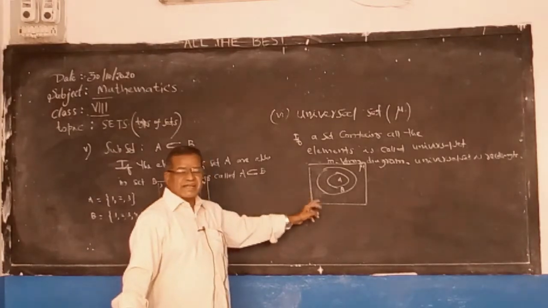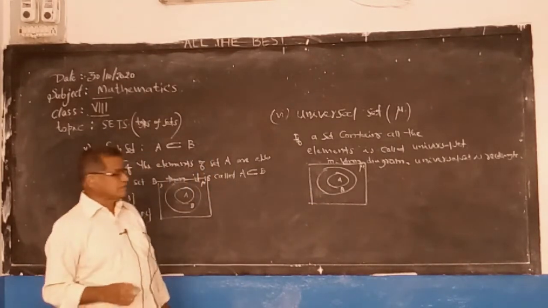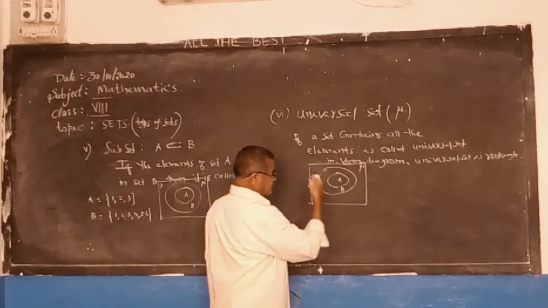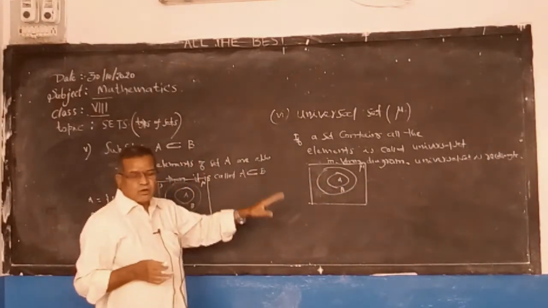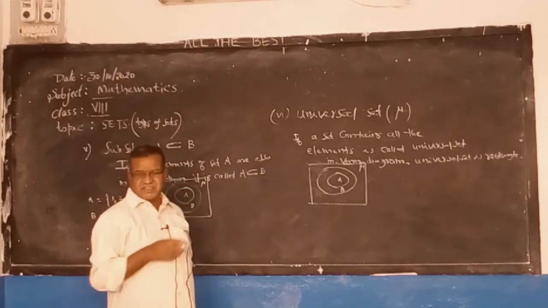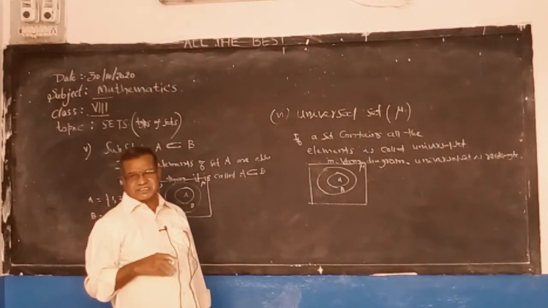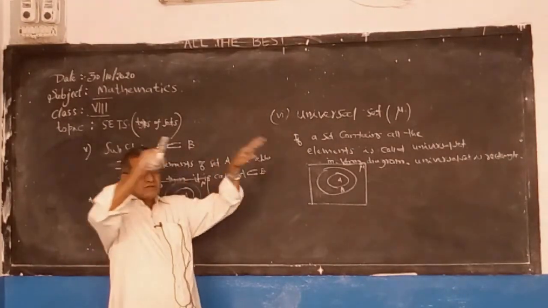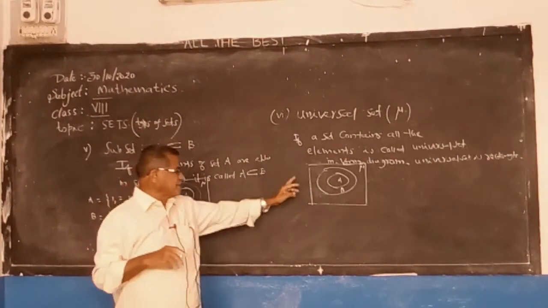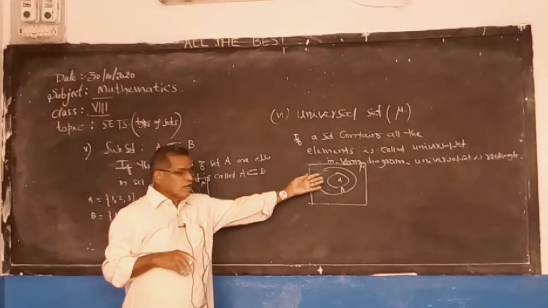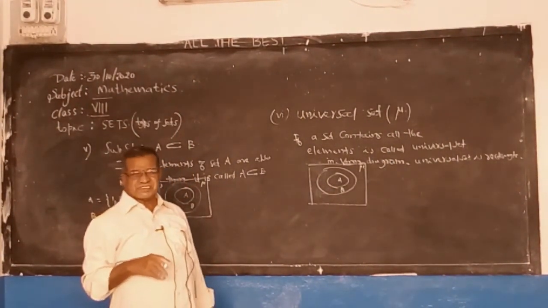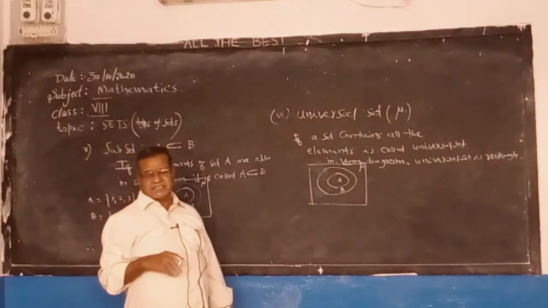The whole rectangle contains all the elements. Whatever is in the rectangle, in this region, all come under the universal set. Suppose Alpha institutions are there, it is a universal set. We draw a rectangle and we draw circles as branches. It contains every element.